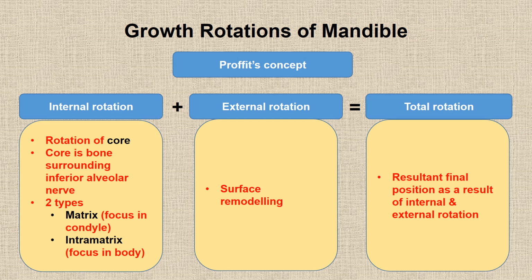One is matrix rotation, whereby the fulcrum is in the condyle, or intramatrix rotation, whereby the fulcrum or the focus is in the body of the mandible. External rotation is surface remodeling of the mandible. The total rotation is the final resultant position of the mandible as a result of both the internal and external rotation combined.